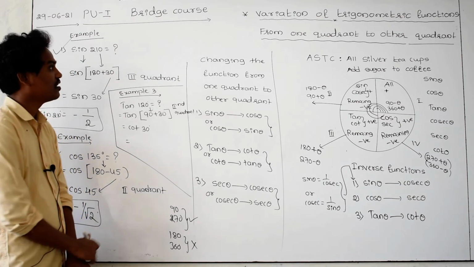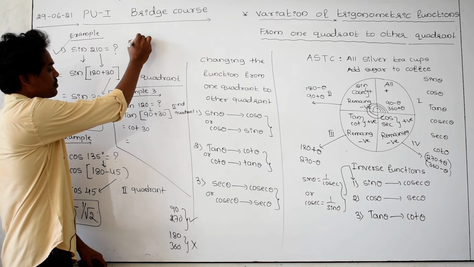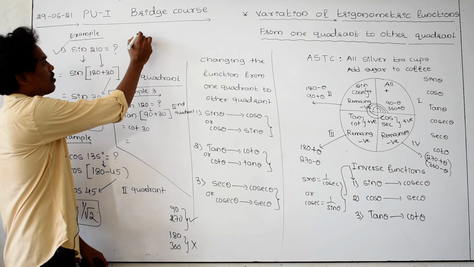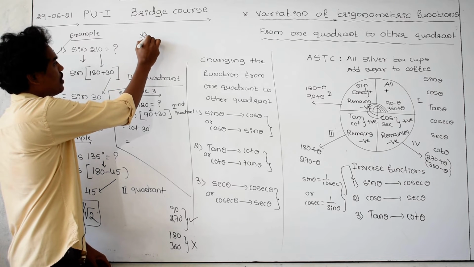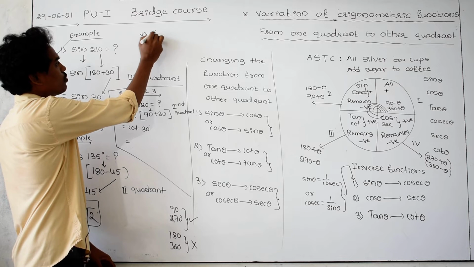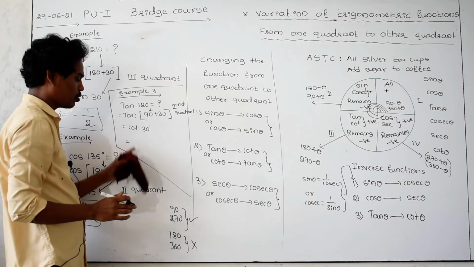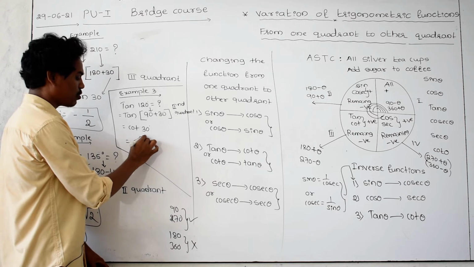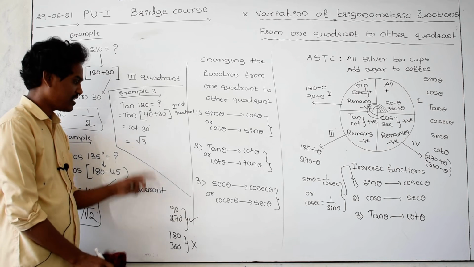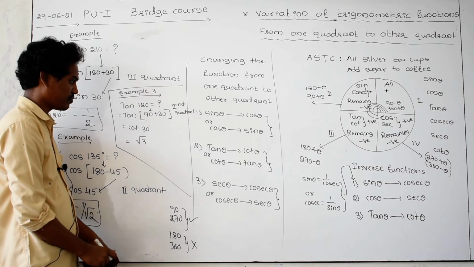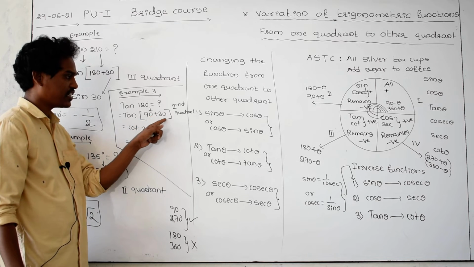And what is cot 30? Go to the table. As you know very well, cos 30 is root 3 by 2, and the 2 gets cancelled, giving root 3. Go to the table and check the value. Cot 30 is root 3. And 90 plus theta is the second quadrant.